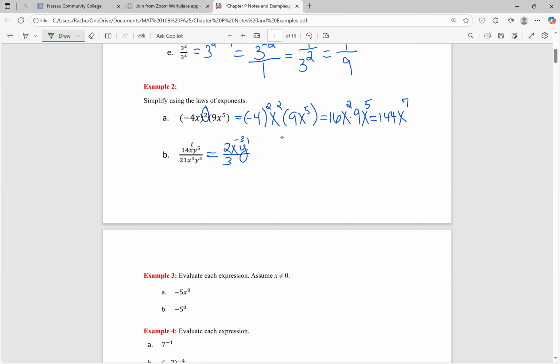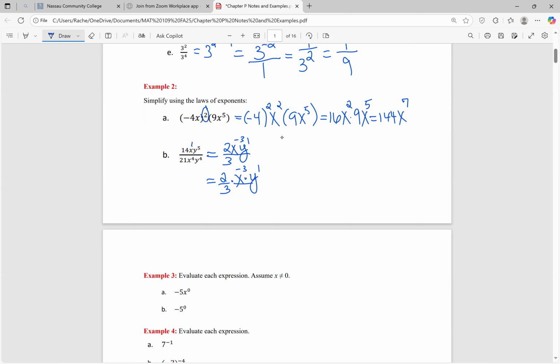Now notice I didn't put the x to the negative 3 and the y to the 1 in the denominator, and the reason is this is the same thing. You can look at this as 2/3, because 14 divided by 21 is 2/3, times x to the 1 minus 4, which is negative 3, times y to the 5 minus 4, which is 1.